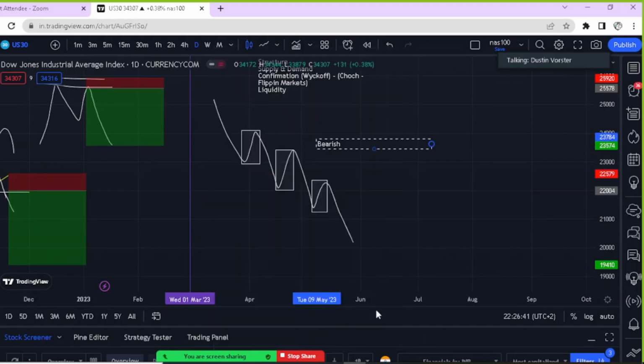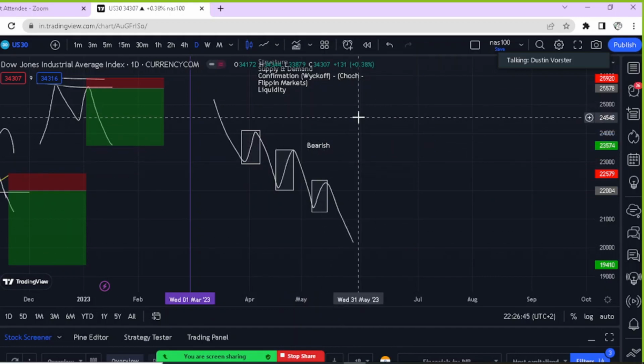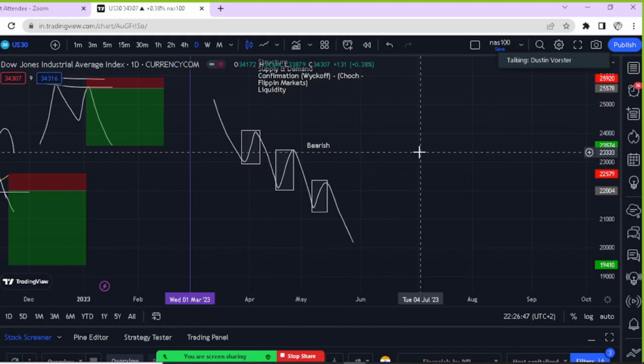We'll talk about time frames now. But as a blanket crash course to smart money, your first step is to identify structure. Are we bullish or are we bearish?